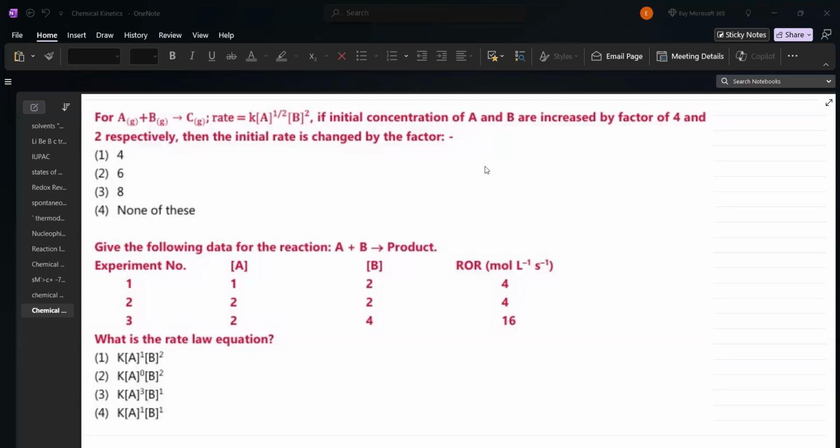If you are done with the first question, please try to solve the second one, and we will solve it together.